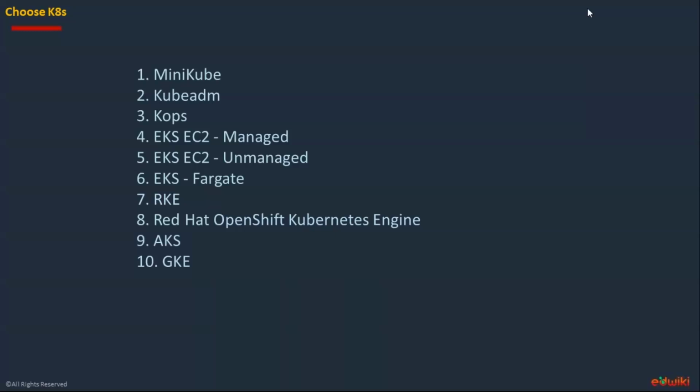EKS Fargate is another Kubernetes cluster option. Fargate in the sense there will be no EC2 instances, guys. EKS Fargate is a serverless architecture. There will be no servers. Of course, there will be servers behind the screen at the AWS side, but from your side, you don't need to see any servers.